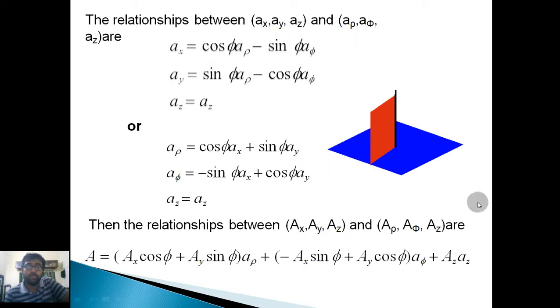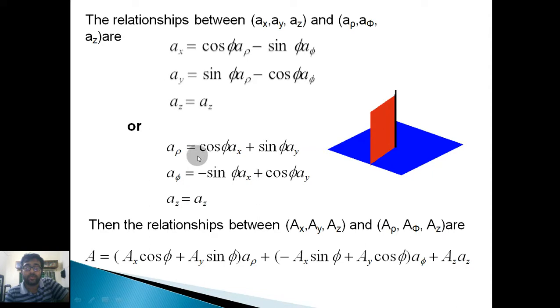The relationship between a suffix x, a suffix y and a suffix z, and a suffix rho, a suffix phi and a suffix z is: a suffix x is equal to cos phi a suffix rho minus sin phi a suffix phi. The value of a suffix y is equal to sin phi a suffix rho plus cos phi a suffix phi, and the value of a suffix z is equal to a suffix z, because it is the same.